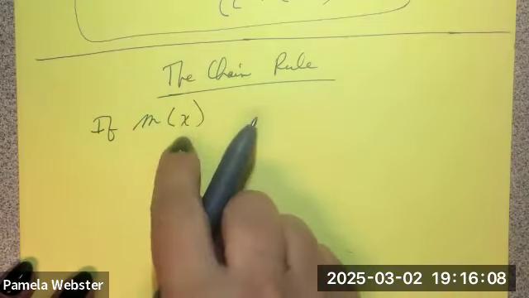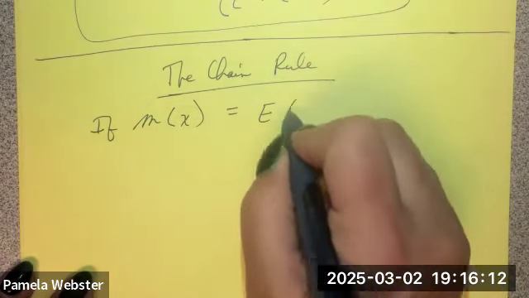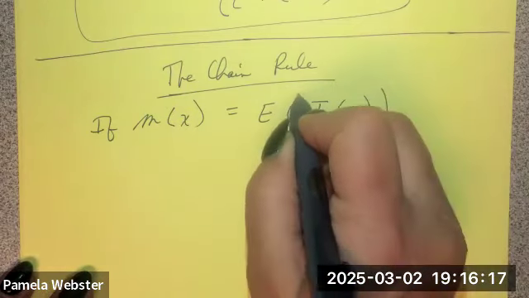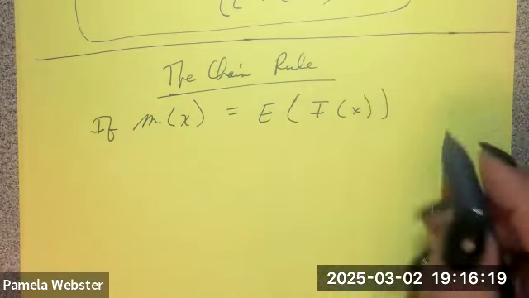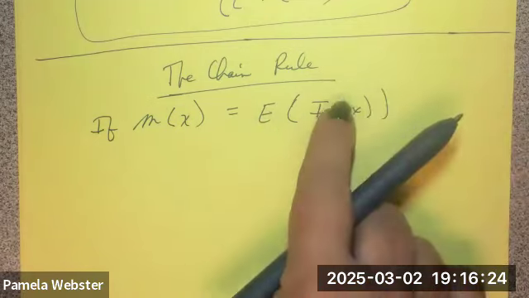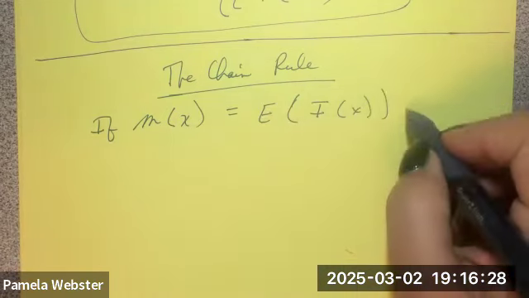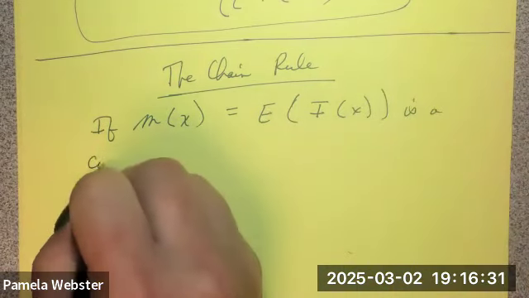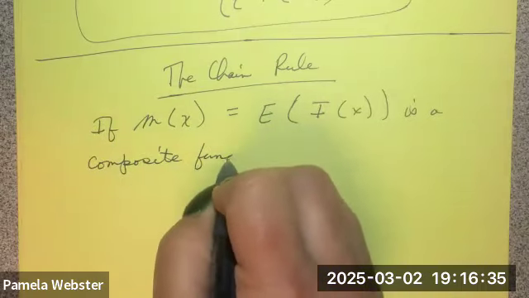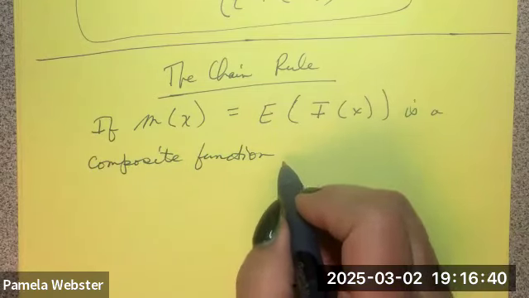They say if m of x, an m with three humps, equals e, which they call the exterior guy, of i of x. See how that is composite? This function is inside of that function. The inside function is inside the outside function. This is a composite function: the inside guy and the outside guy.